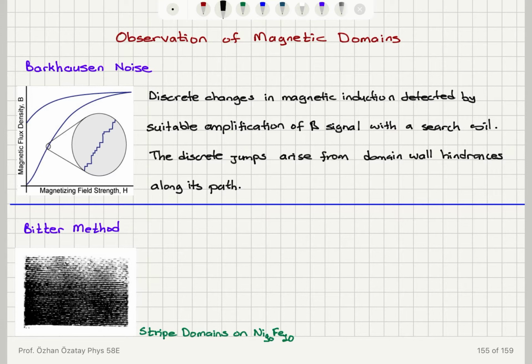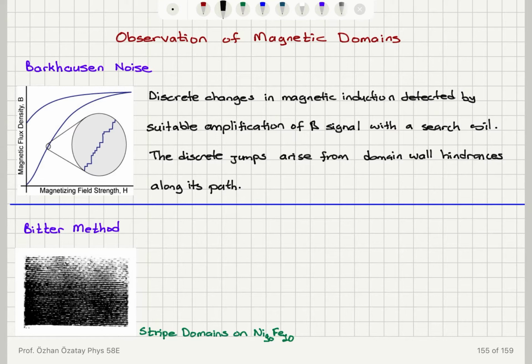Okay, so Bitter method. This is a direct observation of magnetic domains. We spread a liquid containing very fine magnetic powder suspension on a magnetic material surface. The particles will accumulate at positions where there is the largest magnetic field gradient. That is to say, we have free poles, and this is going to basically show us the domain wall structure.